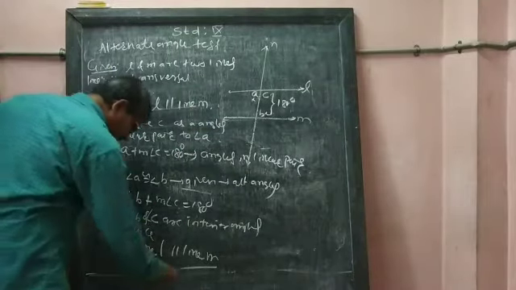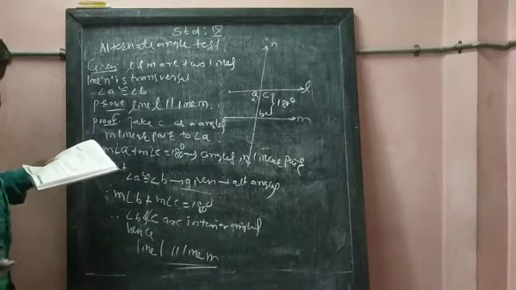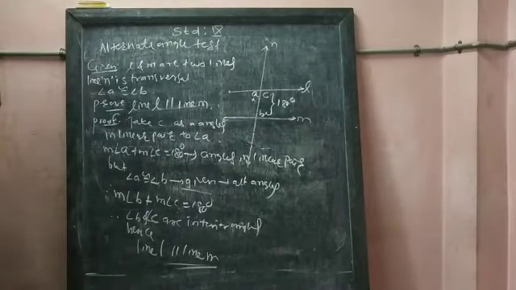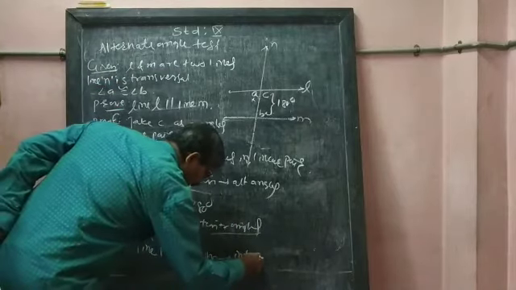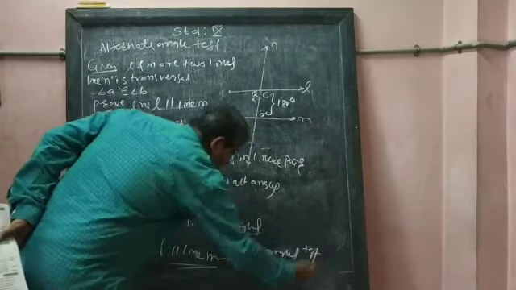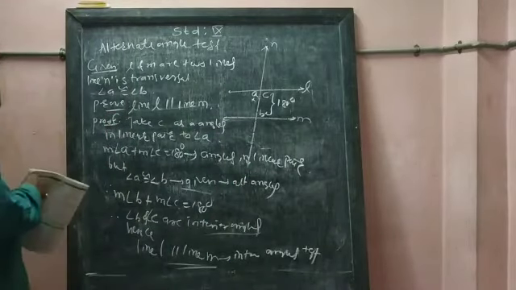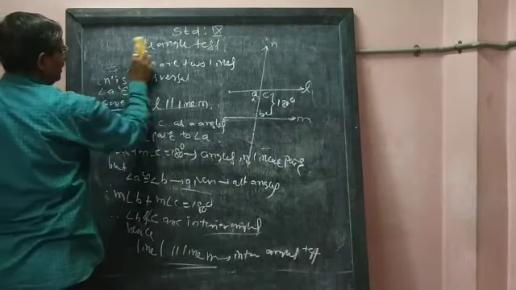Therefore, by interior angle test, line L parallel line M. You may write here, hence, interior angles test. In the same way, there is another theorem we will study, the corresponding angle test.